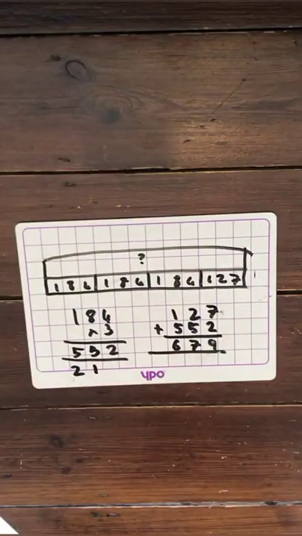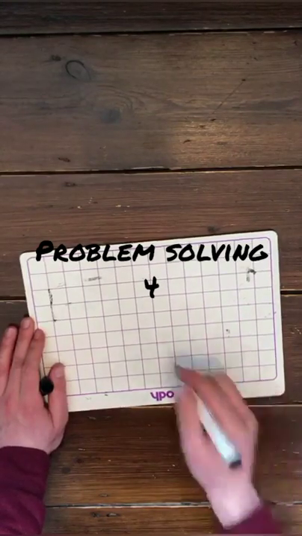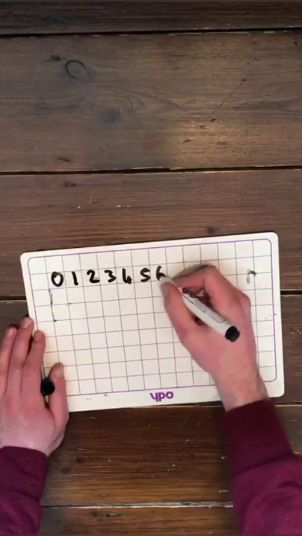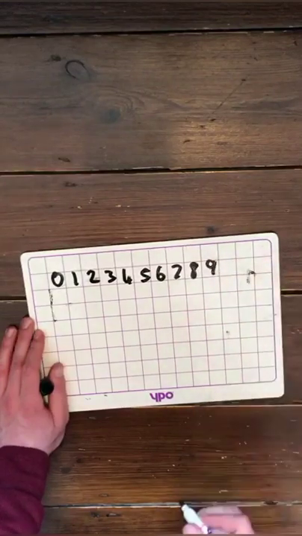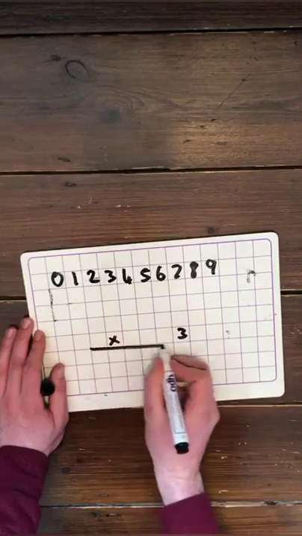And now I'm going to leave you a problem for the day. Now, you can only use the digits 0 to 9 once, so it helps if you write all the digits up. So 0, 1, 2, 3, 4, 5, 6, 7, 8, 9. And I'm going to write times here, 3 here.